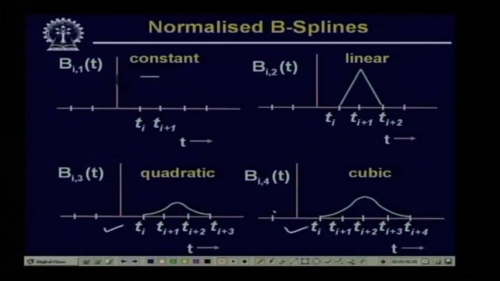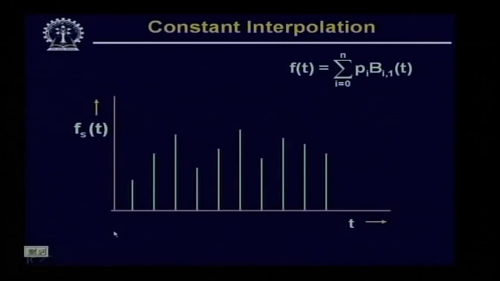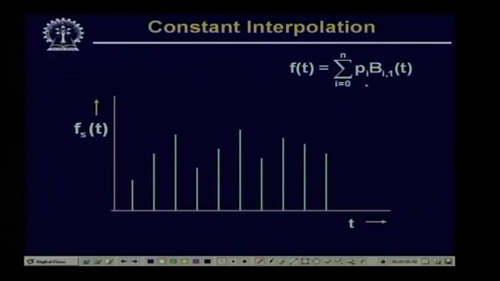Now, let us see how we can go for interpolation using these B-splines. As we have said earlier, using these B-splines a function is approximated as f(t) = Σ p_i B_{i,k}(t), where i varies from 0 to n.